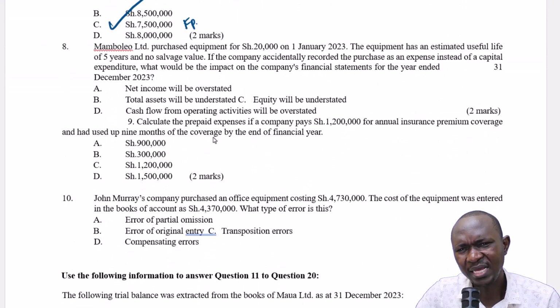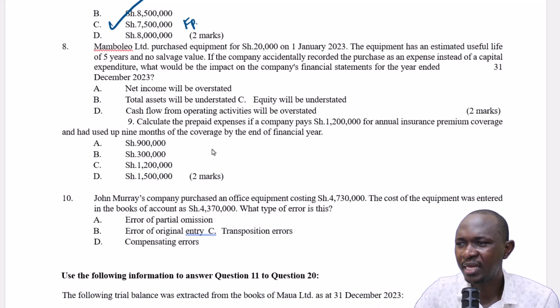So question 8. Mamboleo Limited purchased equipment for 20,000 shillings on 1st January 2023. The equipment has an estimated useful life of 5 years and no salvage value. If the company accidentally recorded the purchase as an expense instead of a capital expenditure, what will be the impact on the company's financial statements for the year ended December 2023? Wow. This is what we refer to as an error of omission.